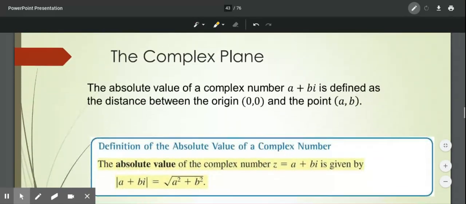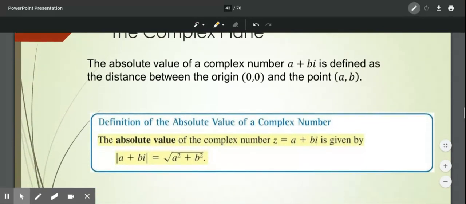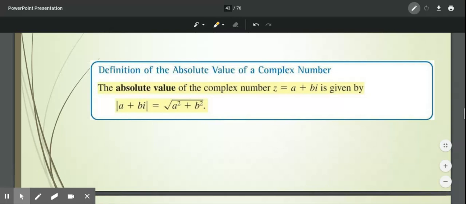And then the absolute value of a complex number is really just the distance between the origin and the point, right? So if you think about it, if you have some complex number plotted, let's say we plotted this point out here, that was the point a, b, because we had this complex number a plus bi.